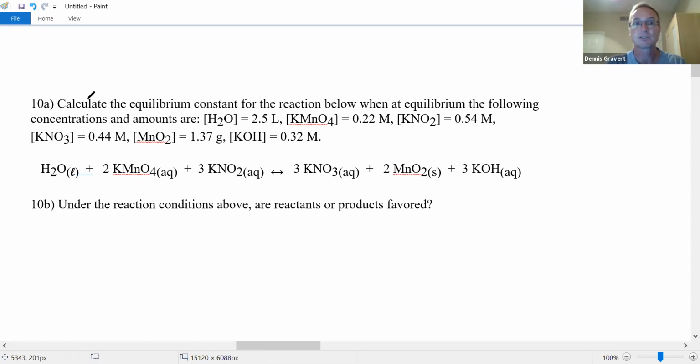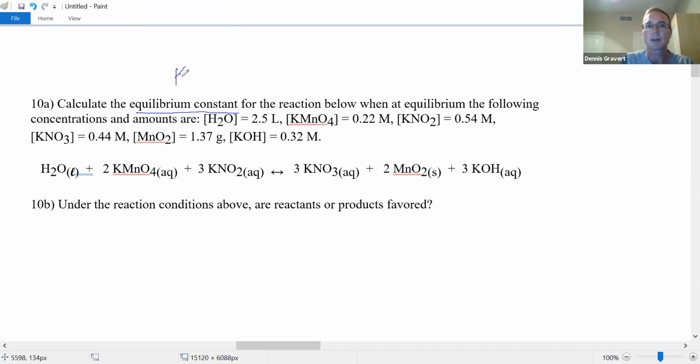So this asks us to calculate the equilibrium constant for the reaction below. When at equilibrium, the following concentration amounts are, and then he lists all the quantities. Okay, what does it want? The equilibrium constant.